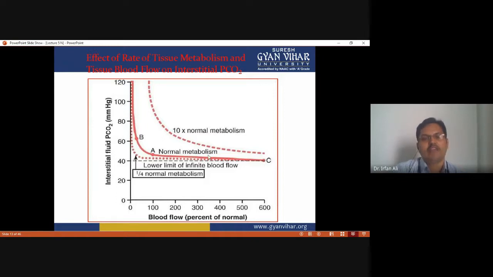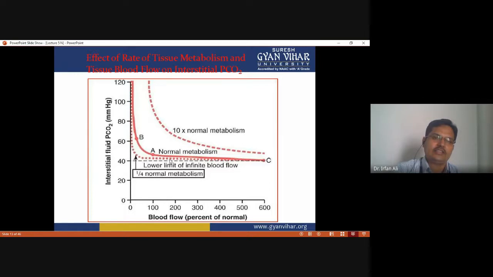When someone undergoes exercise, the metabolism suddenly increases, and when the metabolism increases approximately 10 times normal, the curve shifts to the right, this one. And when the metabolism is decreased to approximately one fourth of normal, the carbon dioxide curve shifts toward the left side.